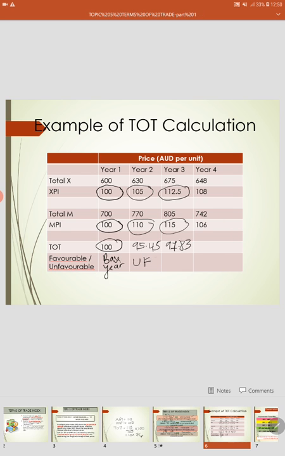So this is a favorable TOT. I repeat again: for year 2 you compare with base year 100, for year 3 you compare with year 2. Please do not compare year 3 with the base year, you'll get different results then. So that's why you're getting a favorable result here. You can try out year 4 as well.